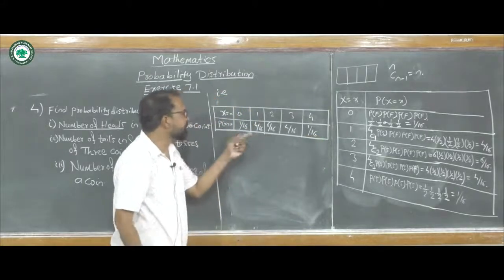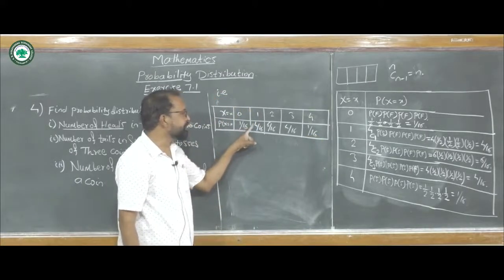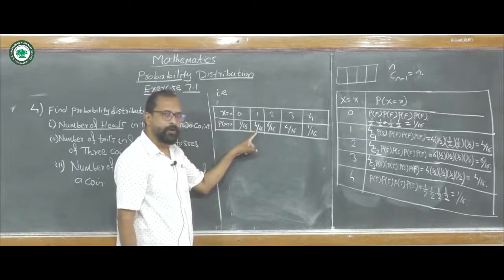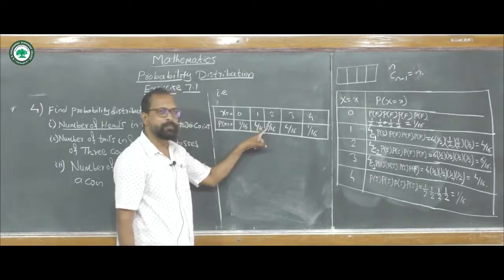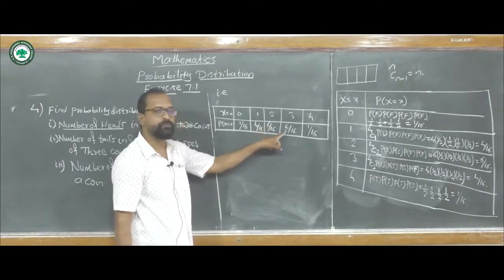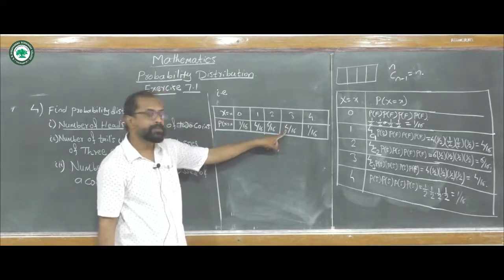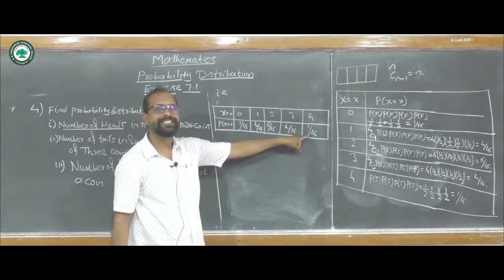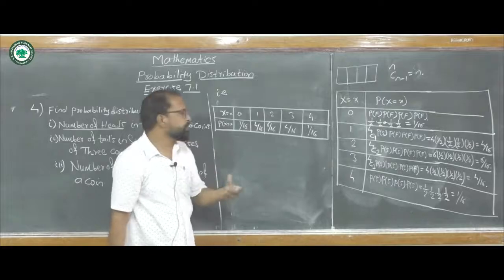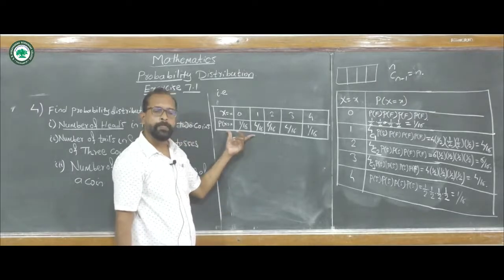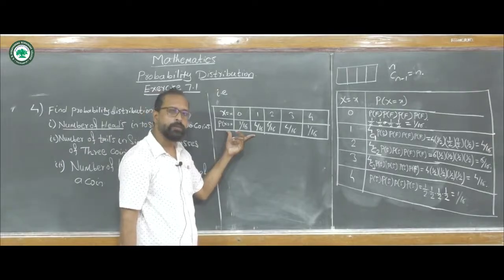Observe here the sum: 1 upon 16 plus 4 upon 16, that is 5 upon 16, plus 6 upon 16, 11 upon 16, plus 4 upon 16, 15 upon 16, and plus 1 upon 16, that is 16 upon 16, becomes 1. So it is a probability distribution since the sum is equal to 1.